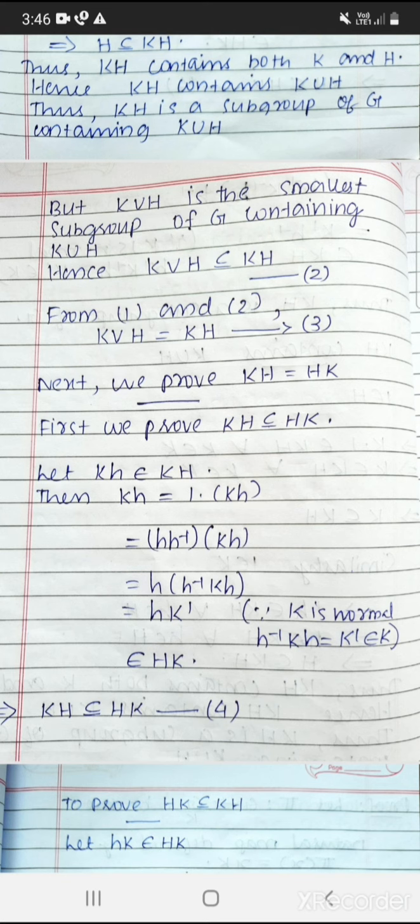Now we need to prove KH is equal to HK. For that we need two inclusions, that is KH is contained in HK and HK is contained in KH. For proving KH is contained in HK, let's take an element kh from KH. kh is nothing but 1 into kh.